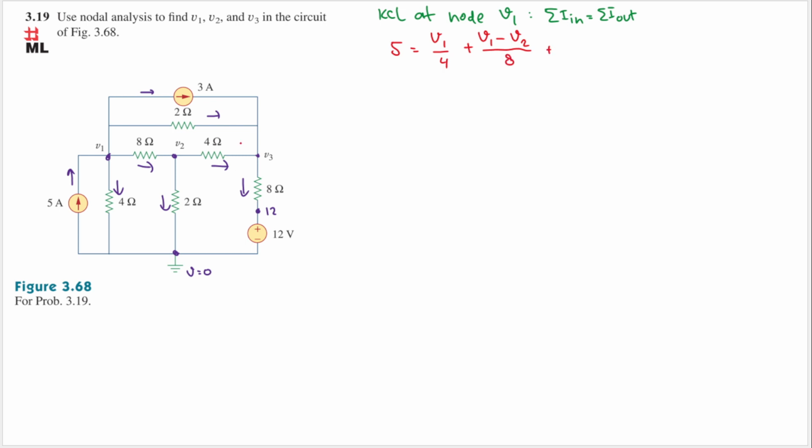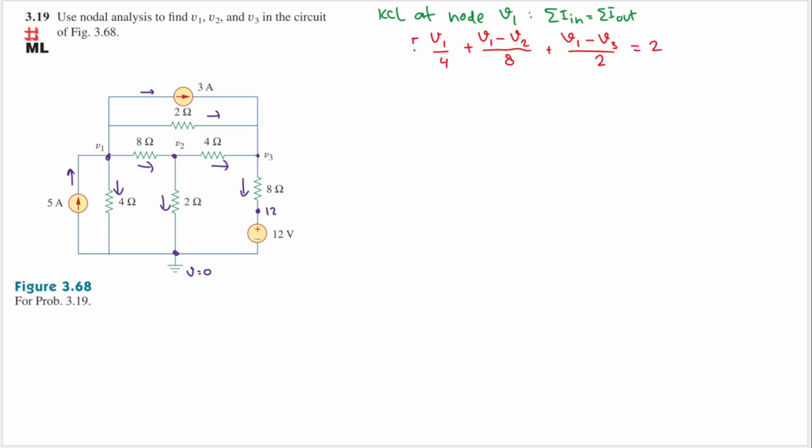And then plus, we will have V1 minus V3 divided by 2. And then plus, this current also goes out, so we'll have 3. Let's move 3 to the left hand side. 5 minus 3 is 2. So let's just replace that with 2, right? So that will equal to 2.